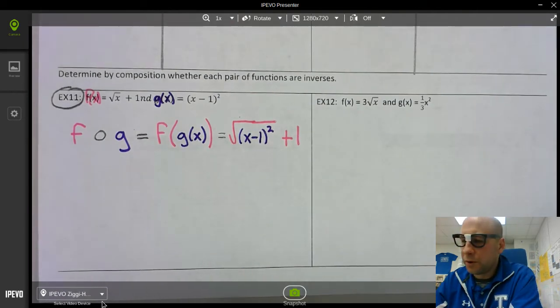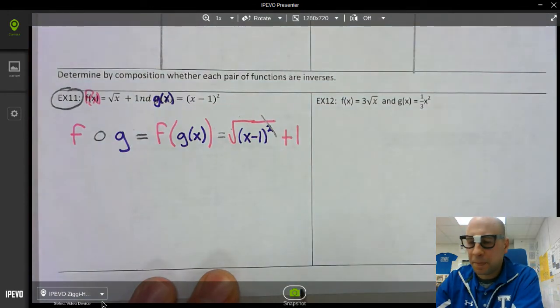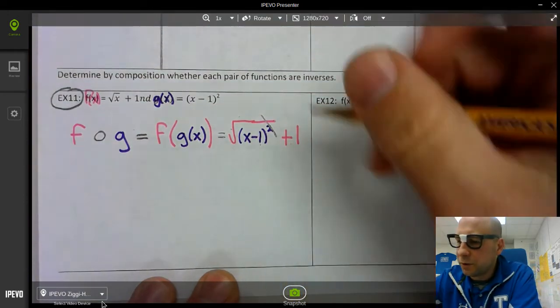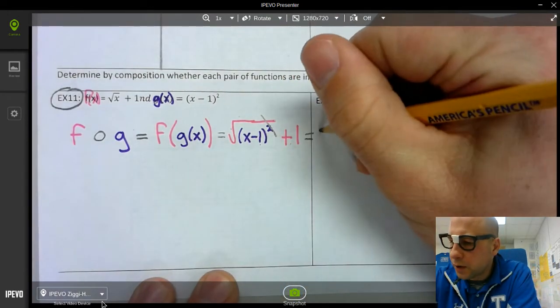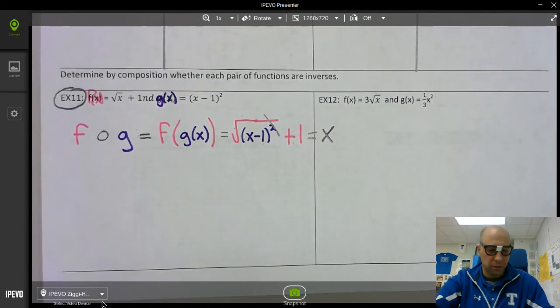Okay, so what we know is that the square root and the square become to the first power, and then negative 1 plus 1 is 0, so this equals x. Okay, so far we're saying they're inverses.